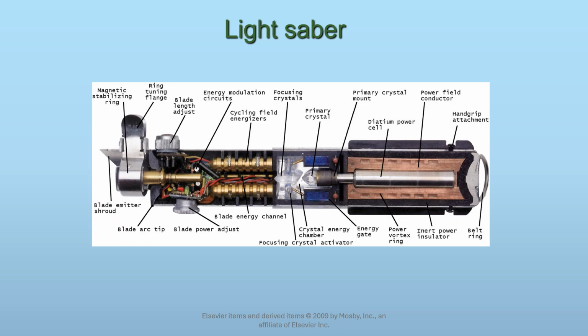Maybe the diatium power cell might be tricky to get a hold of. Might have to deal with some unscrupulous people to get those power supplies, but the rest of the components we'll be able to fabricate in short order. We just need some kyber crystals and some diatium power cells. So I'll be working on getting those.